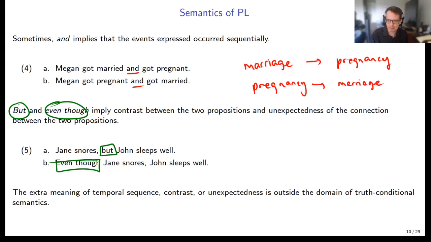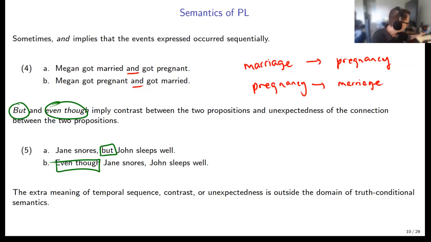But again, this is not our concern to deal with contrast in semantics. What we're concerned about is truth. In lexical semantics and in pragmatics, these are important distinctions. But for us, who are going to be dealing with truth conditional semantics, in the end, when we think about the meaning, Jane snores, but John sleeps well, with the facts of the sentence, is it true or not?